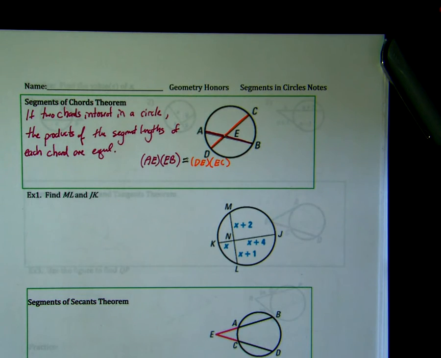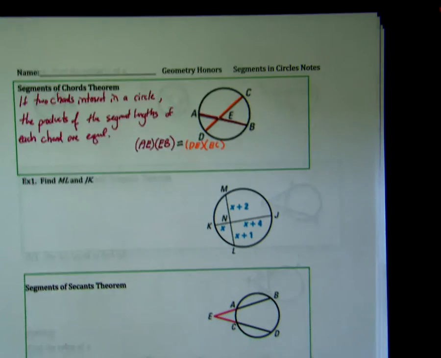Essentially the product of the two pieces of each chord are equal to each other, right?